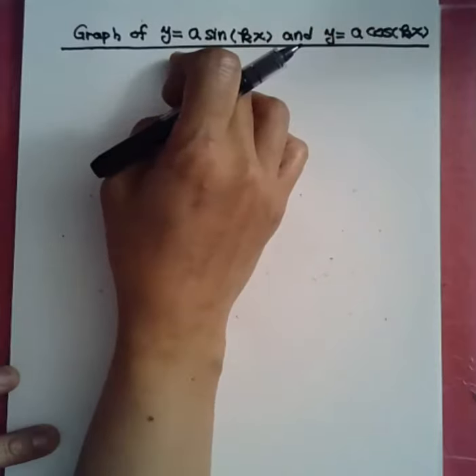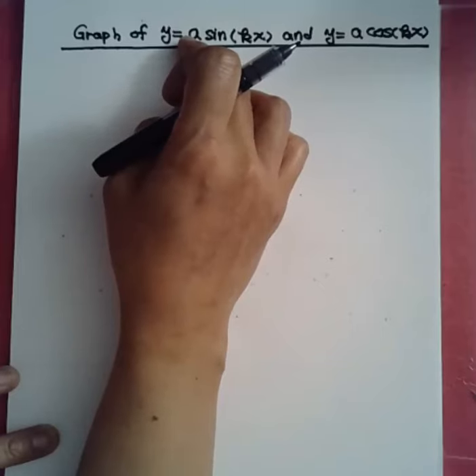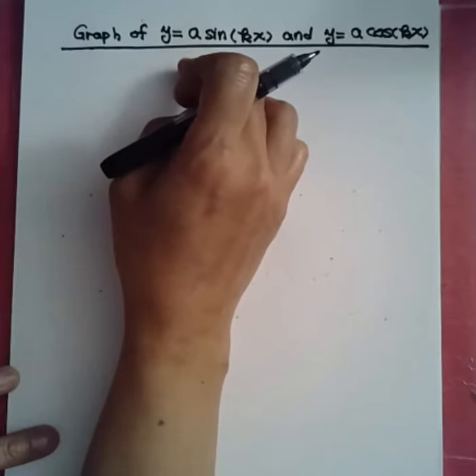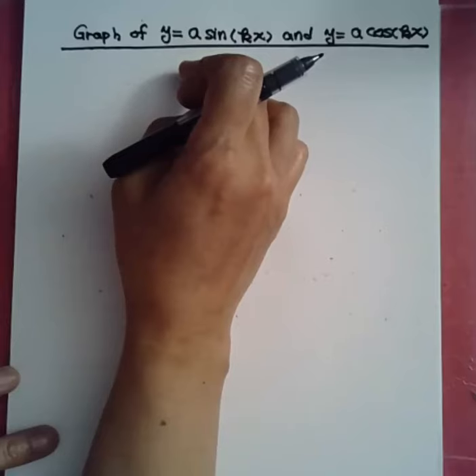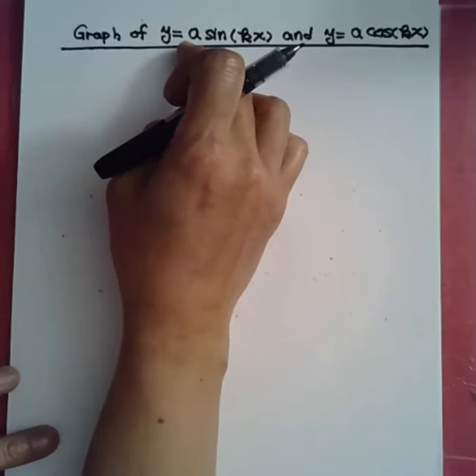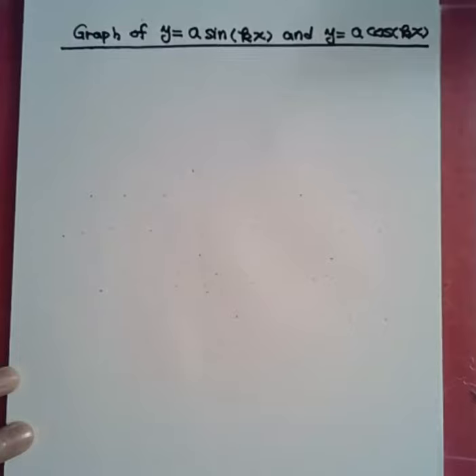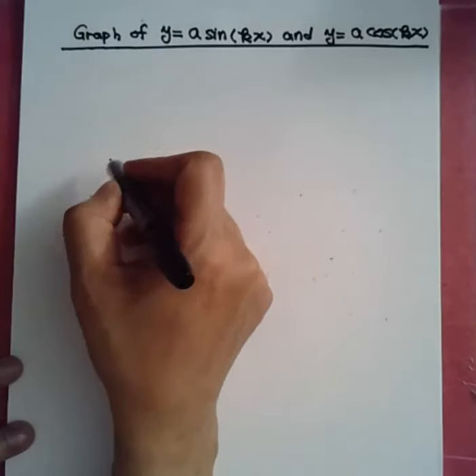And by multiplying by a, we can stretch the function vertically or shrink the function vertically. Depending on whether a is negative or positive, it may indicate reflection along the x-axis. If k is positive, then there is no reflection. But if k is negative, then there is a reflection along the y-axis.